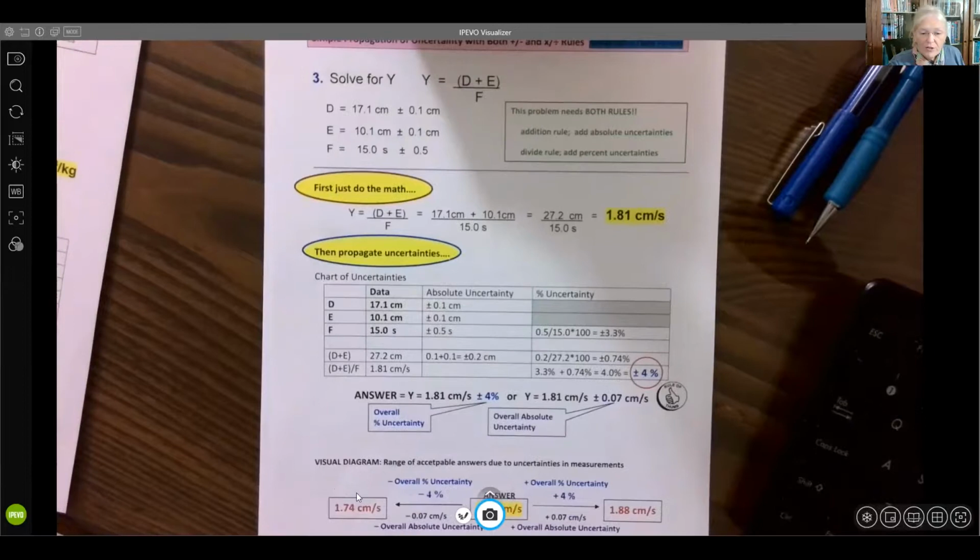All of these values between 1.74 centimeters per second and 1.88 centimeters per second are acceptable and equally valid answers based on the data up here that you collected. Data that we acknowledge has a degree of uncertainty which propagates, that means grows larger, as you do calculations with it.